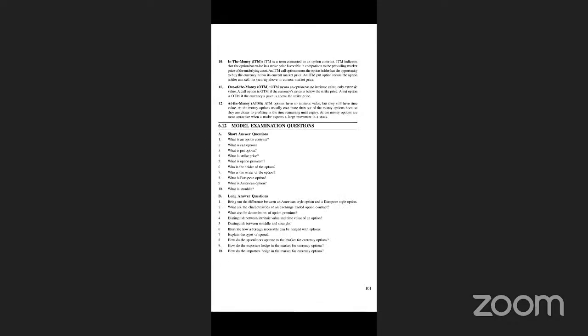Under short answer questions, you have various terms which have been discussed in the class. Then we have long answers wherein detailed discussions on speculators, exporters' hedging, importers' hedging, and currency options can be discussed. Determinants, features, and characteristics are also considered as long.